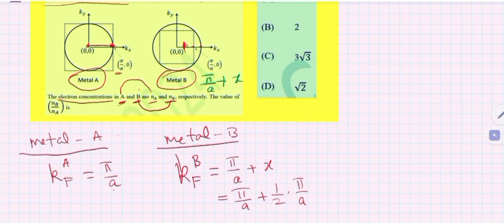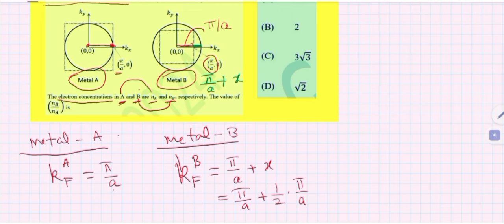Okay, so if you look at this image, you can understand that it is this length. Up to this distance, this is pi by A, and this distance, from this point to this point, the green distance is kind of off of this. So therefore I write it something like this.